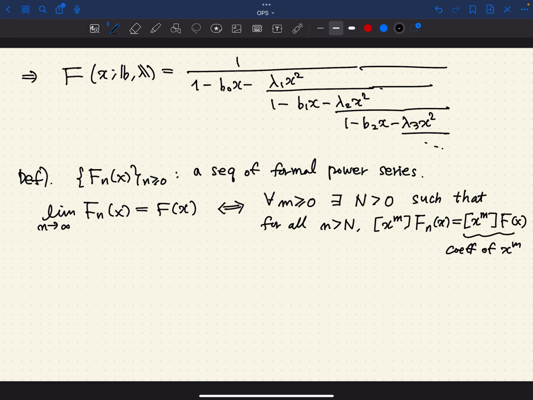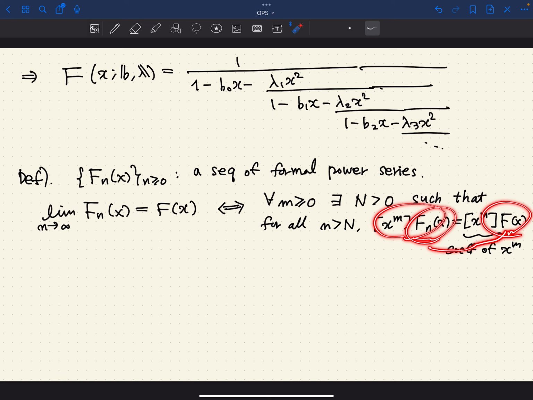If you're comfortable with epsilon-delta arguments, this should be understandable. So just fix m. Then you look at the coefficient of x to the m here, and you look at the coefficient of x to the m there. Of course, they may be different, but if n is big enough, eventually the coefficient becomes exactly this.